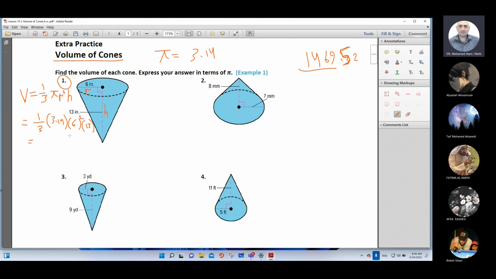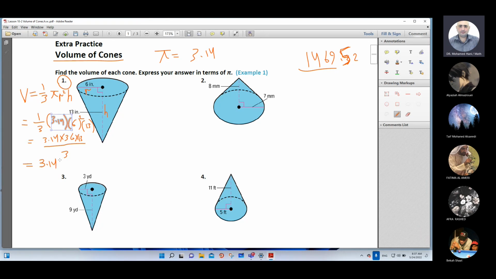So we want to multiply 13 times 6 squared, which means 36, times 3.14 times 1 divided by 3. We can do the simplest form here to make it easy for solving. 36 divided by 3 will be 12.